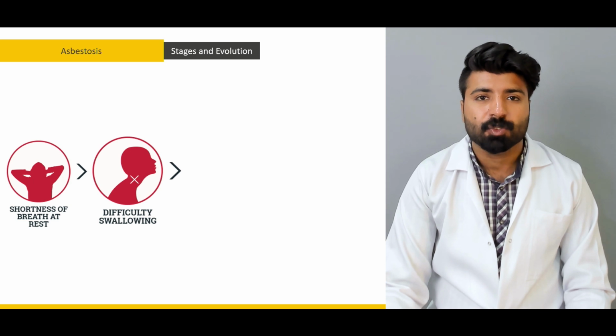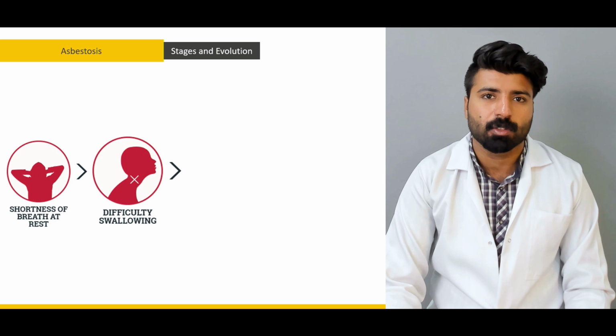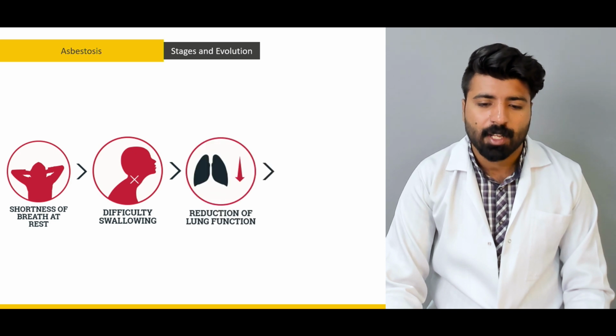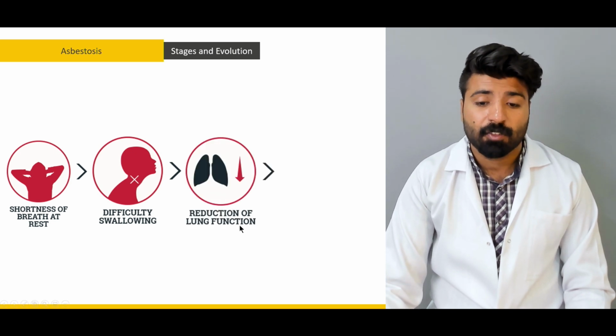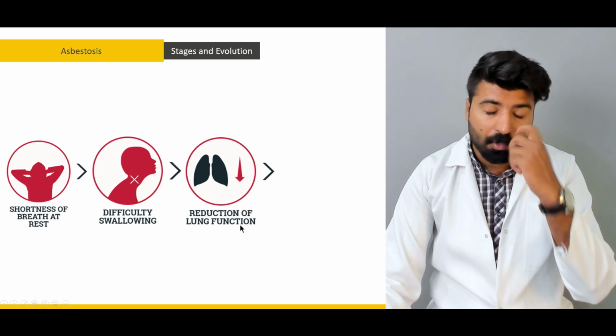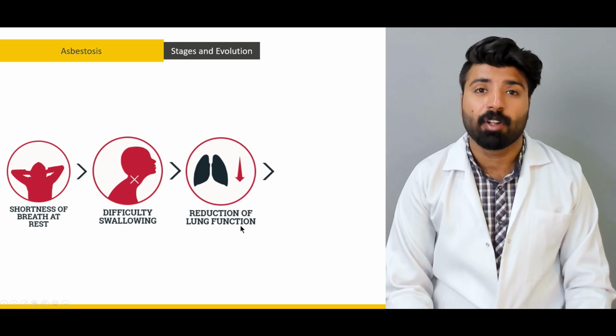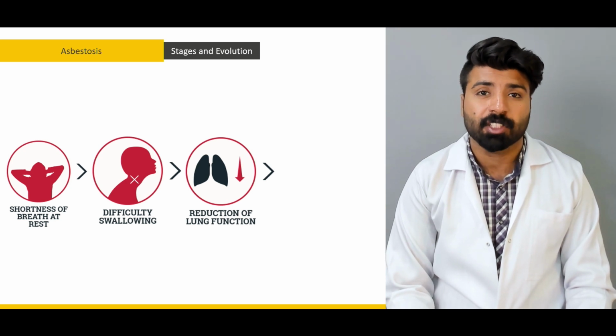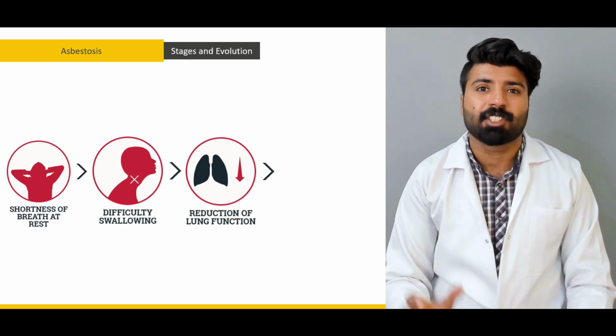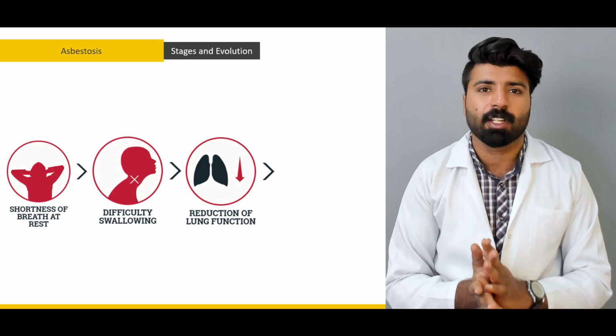Then there'll be difficulty swallowing, because there's a huge amount of inflammation. The patient will be unable to even swallow. Then reduction of lung function will happen. How will that happen? We already talked about it. It's a restrictive lung disease. Because it's a restrictive lung disease, many of the patches, many of the areas of the lungs are not working.